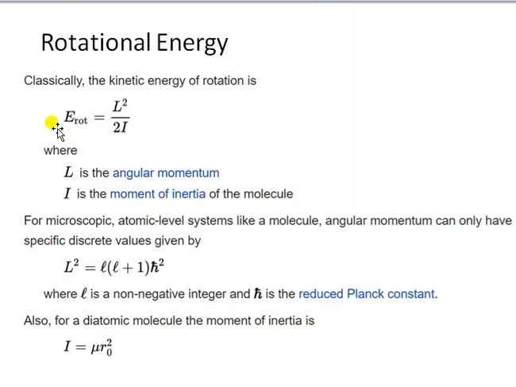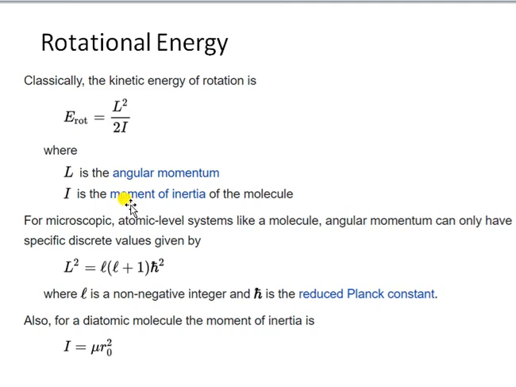That's the thing. So let me discuss the rotational energy in the case of the diatomic molecule. The rotational kinetic energy is given by this formula, L square divided by 2I, where L represents the angular momentum and I represents the moment of inertia.